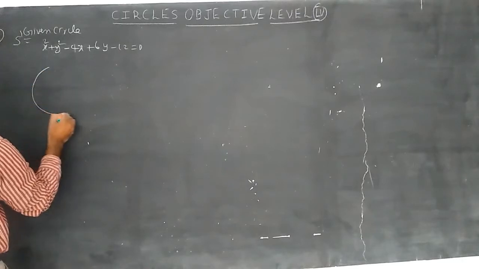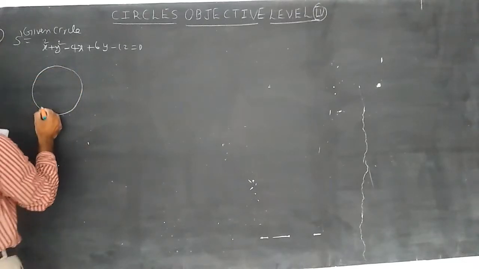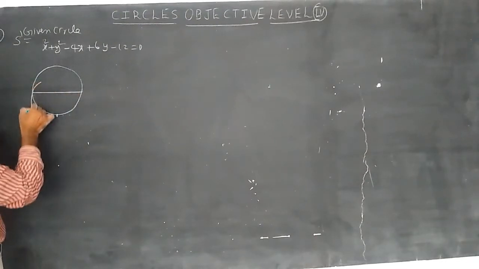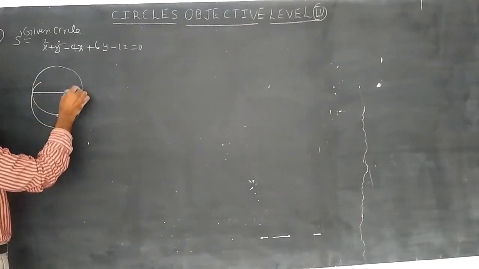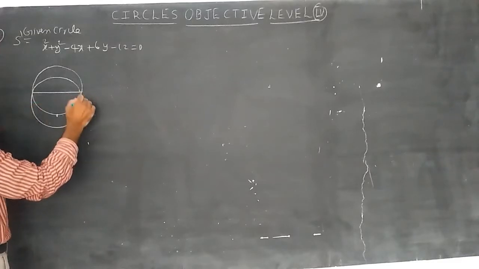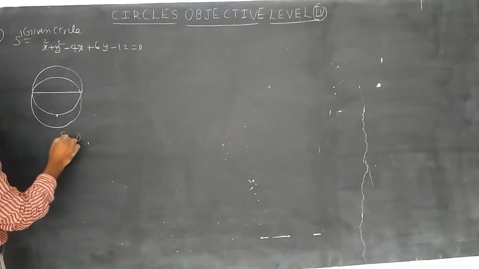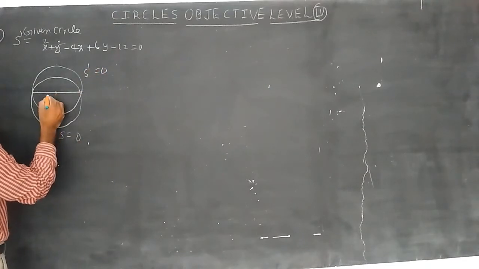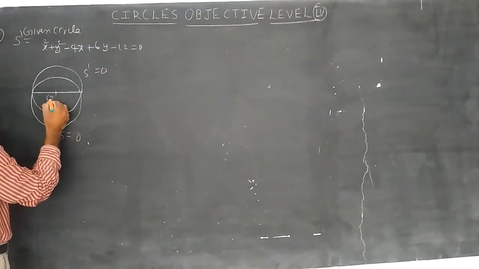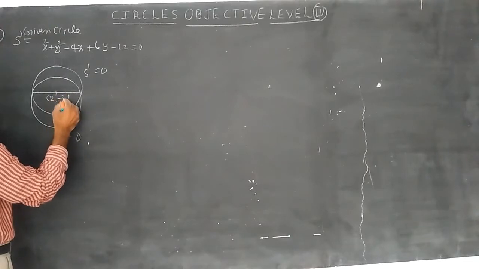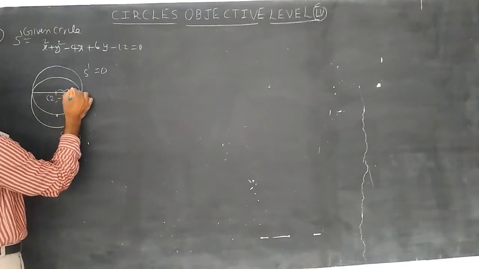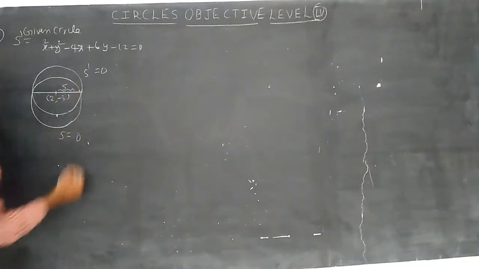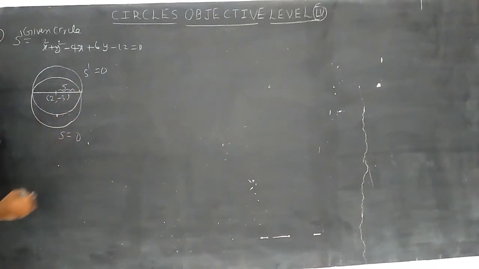This diameter is a chord of another circle. Like this, this is the chord. This is S equal to 0. So the center here you can put as 2 comma minus 3 and the radius is 5, from 4 plus 9 plus 12 concept.